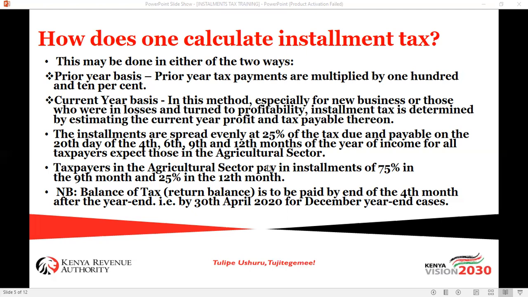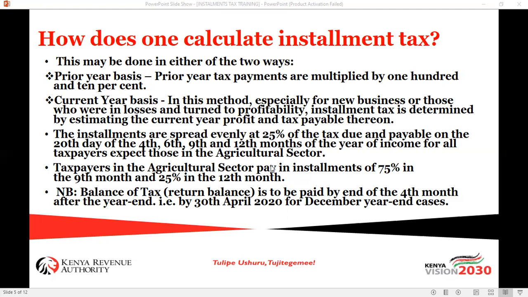Then you calculate April, May, June. Then you are supposed to pay by 20th of July. Then you calculate July, August, September. You are supposed to pay at 20th of October.